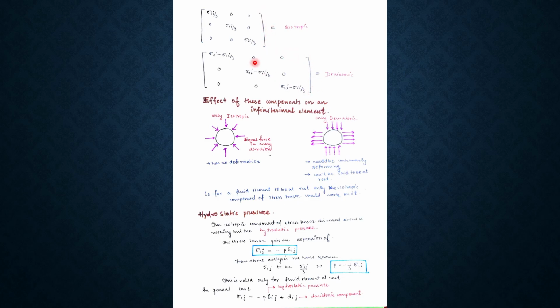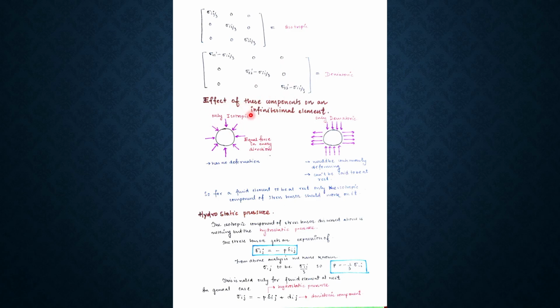And this is the deviatoric matrix, which has non-equal principal components and it can change with change in the coordinate system. Now coming to what effect these components have on the fluid element.